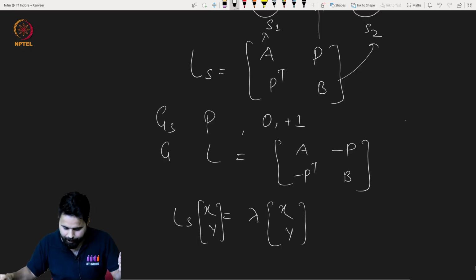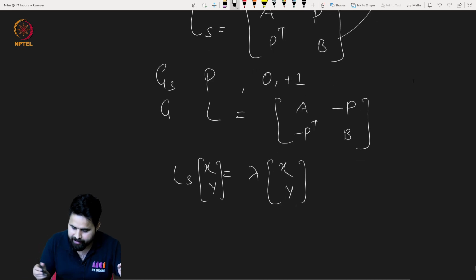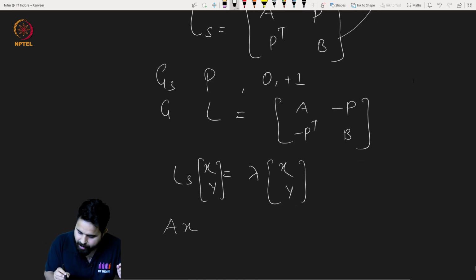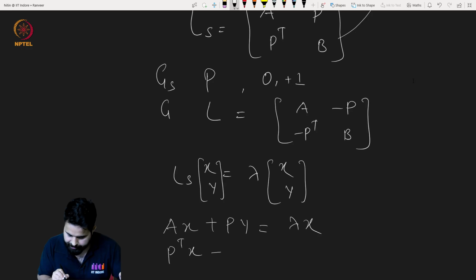Then what will happen? We have to multiply this. So this is nothing but Ax plus Py equal to lambda x. Then P transpose x plus By equal to lambda y.